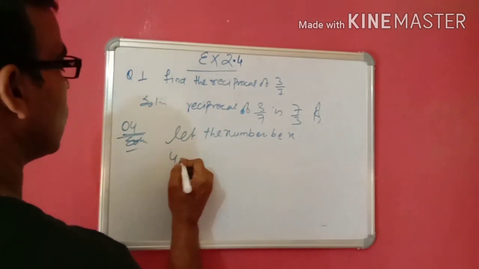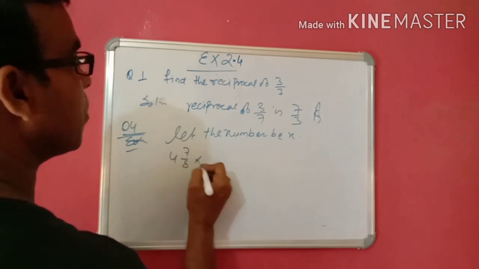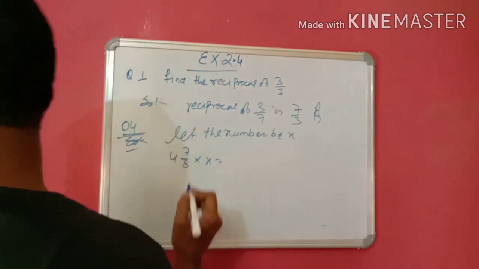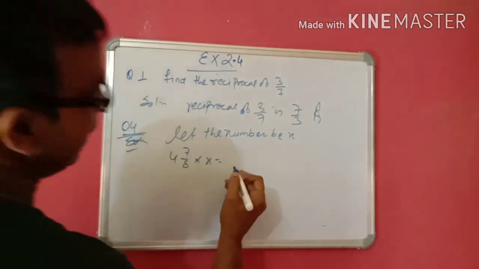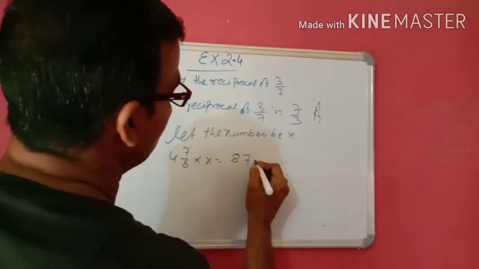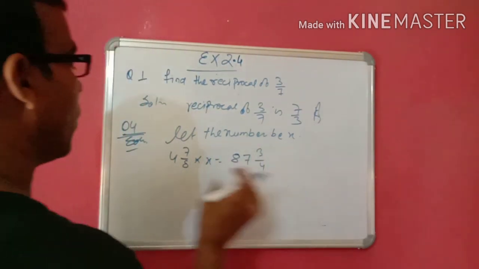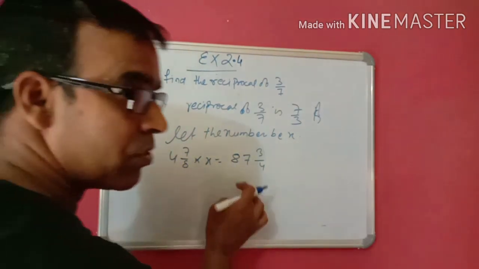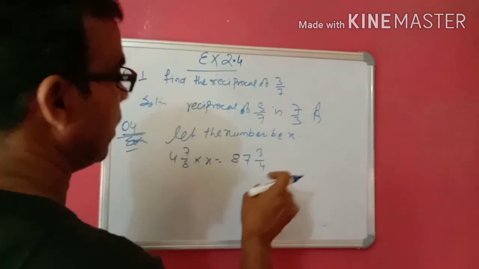So 4 whole 7 by 8 I have to multiply into x, then I will get 87 whole 3 by 4. Now these are mixed fractions, so we have to change them into improper fractions.